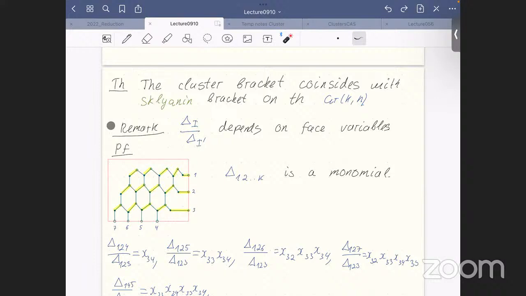In general, symplectic leaves will be quotients by a certain subgroup. So I mean, we have generic symplectic leaves. We can take the larger generic symplectic leaves, and they are quotients by a parabolic subgroup, maybe some part of the parabolic subgroup.